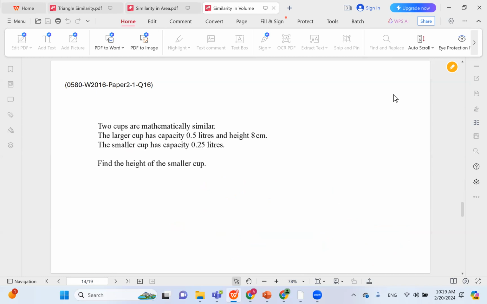This is another problem of the same nature again. We have V1 over V2 equals S1 over S2 to the power of 3. So V1 here is 0.5, V2 is 0.25. S1, so the height corresponds to the larger volume.